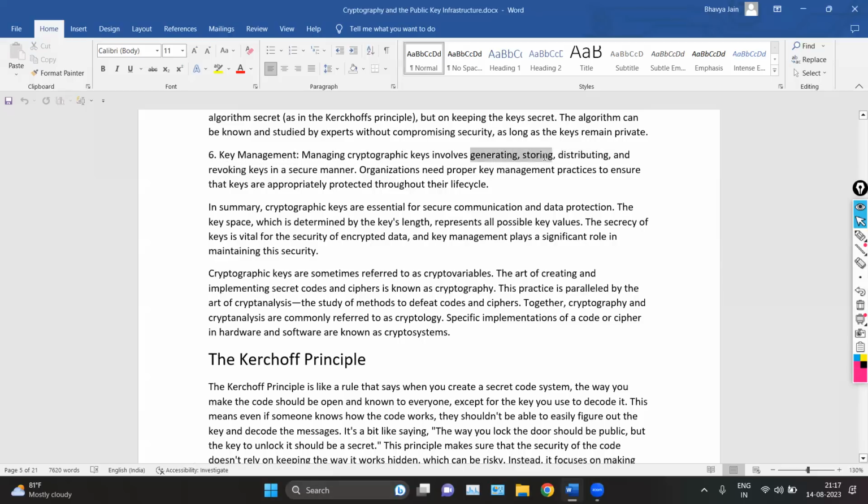But what about distribution? You have to distribute the key secretly, because the same key is used for encryption and decryption. That is why you have to protect the key, and then revoke the keys in a secure manner, which means regenerating the keys. So organizations need proper key management practices to ensure that keys are appropriately protected throughout their life cycle.